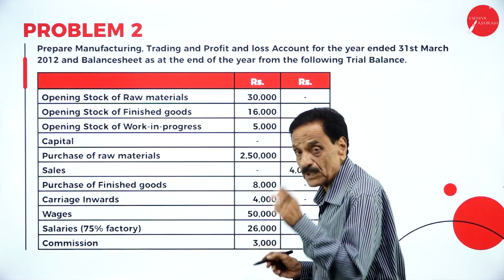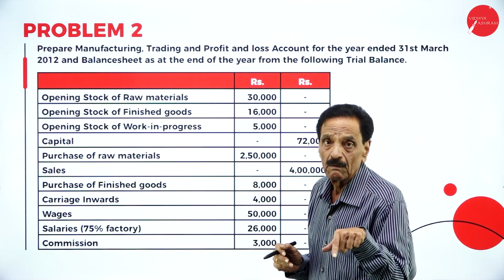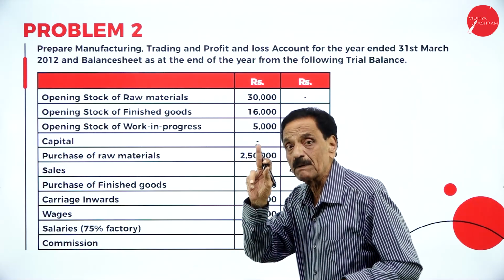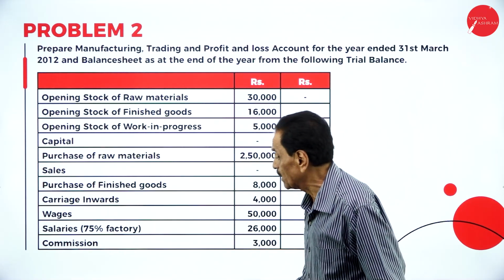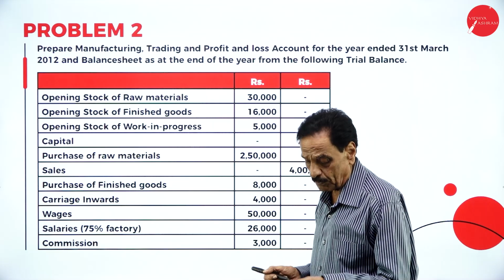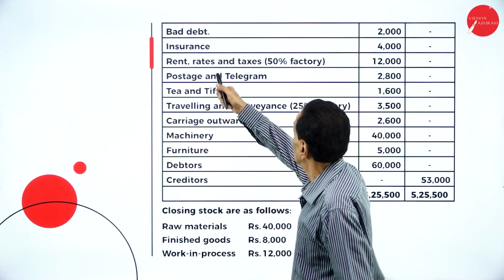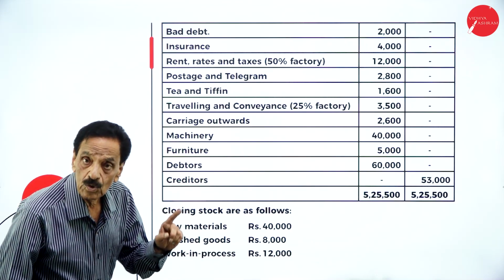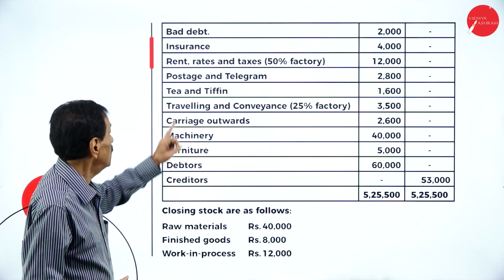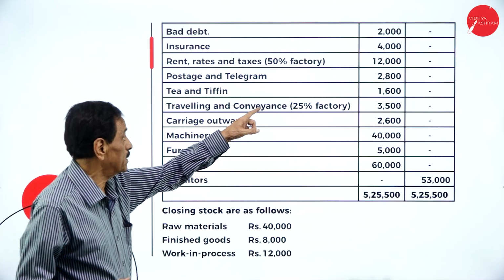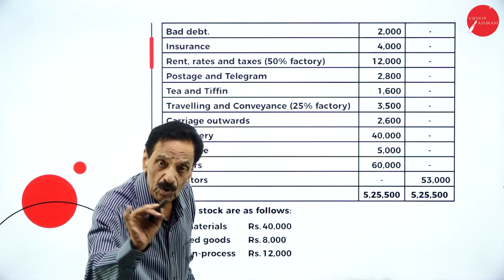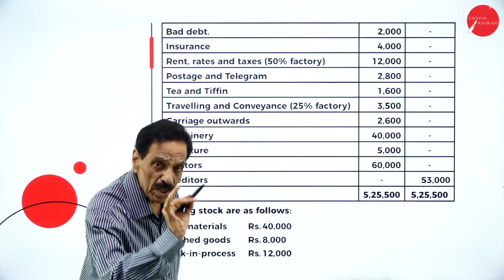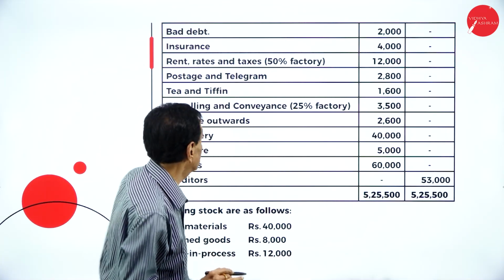Salary 75% will go to manufacturing account, 25% goes to profit and loss account. Commission goes to profit and loss account. Bad debt, profit and loss account. Insurance, profit and loss account. Rent, rates and 50% to factory means 6,000 goes to manufacturing account, 6,000 goes to profit and loss account.